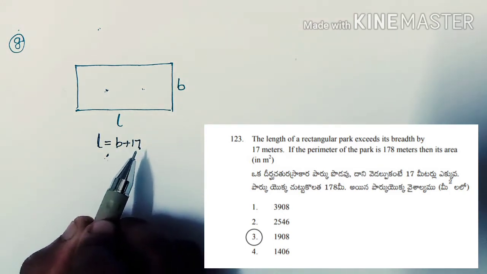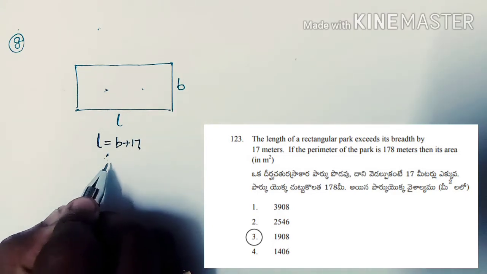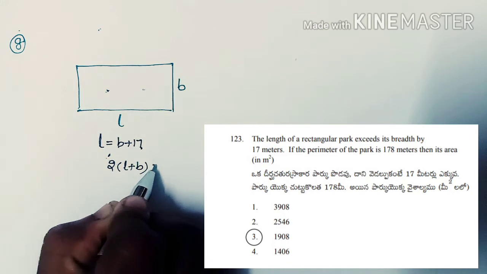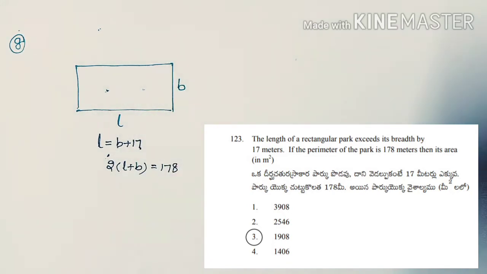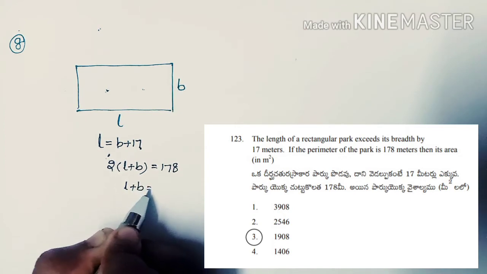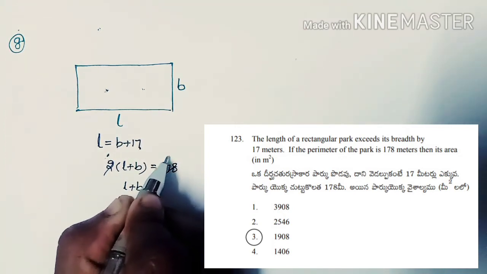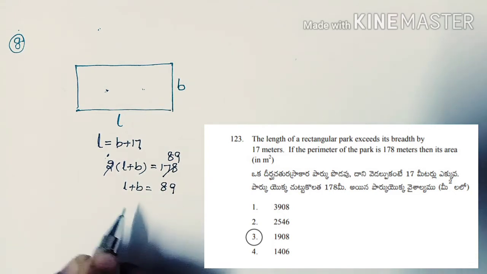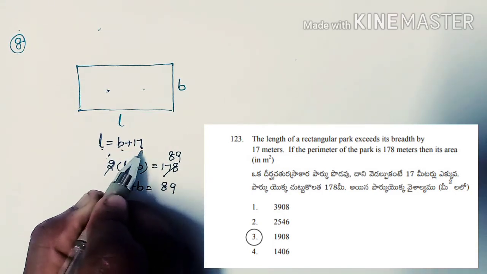And also given that the perimeter of the park is equal to 178. Perimeter formula is 2 into L plus B. Given that the perimeter is equal to 178, that is 2 into L plus B is equal to 178. Then L plus B is equal to, it is cancelled by 89 times, that is L plus B is equal to 89. So already we have that L is equal to B plus 17.